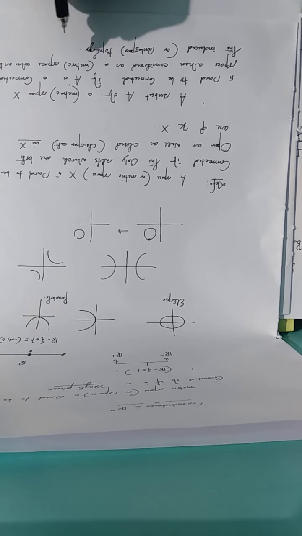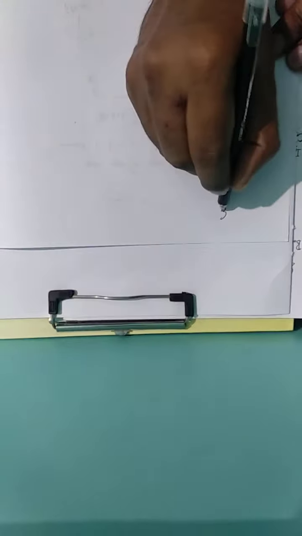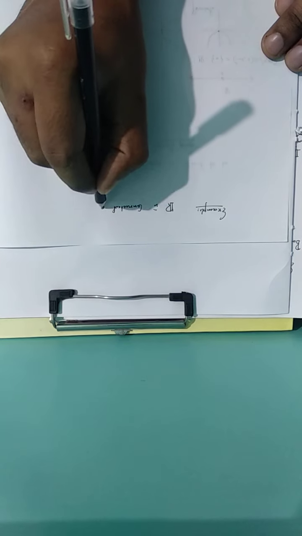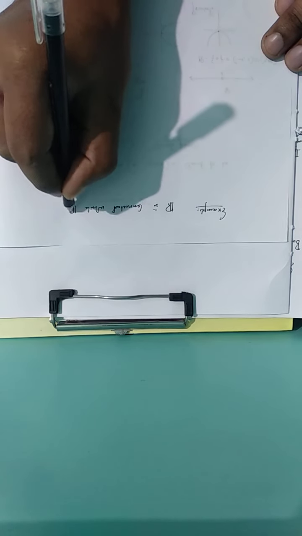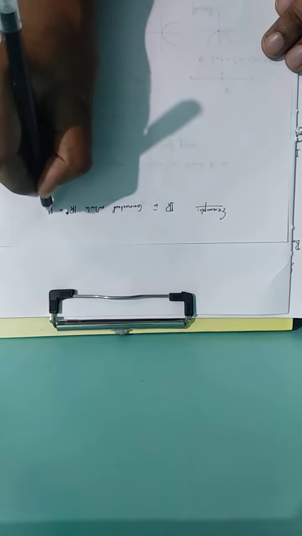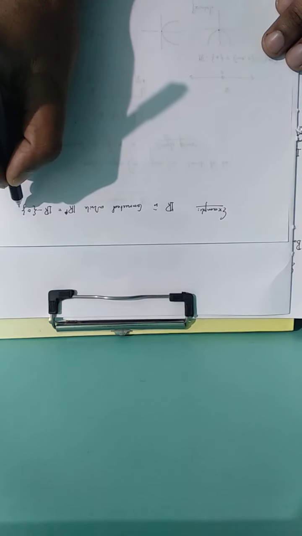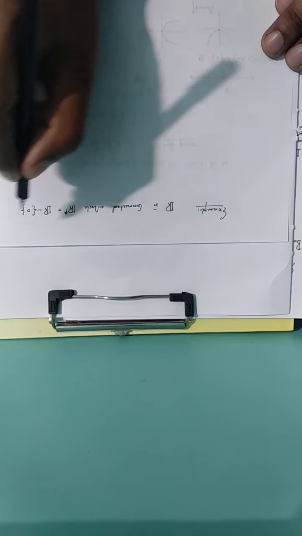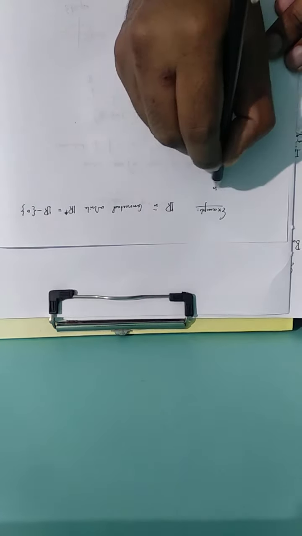So let us see an example. R is connected while R star, that is the set of real numbers minus the 0 element, that means the subset of non-zero real numbers, is not connected.